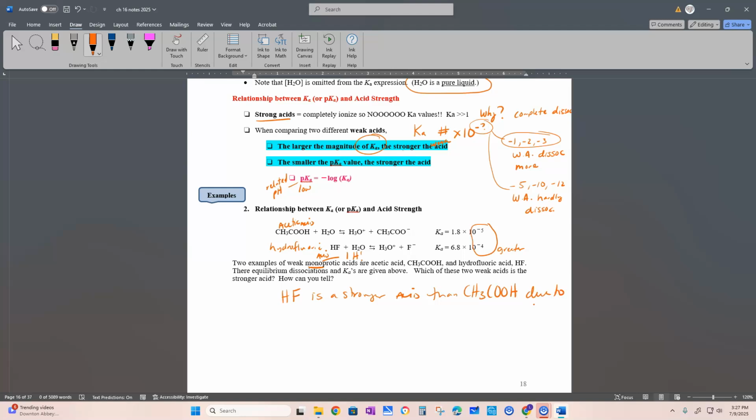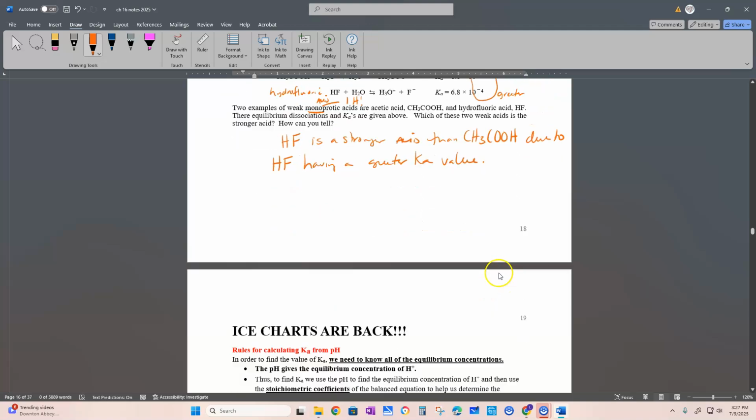What's your evidence? Due to HF having a greater Ka value. And that's it. If they would have given you pKa, then you would talk about pKa. Okay, just get to the point.